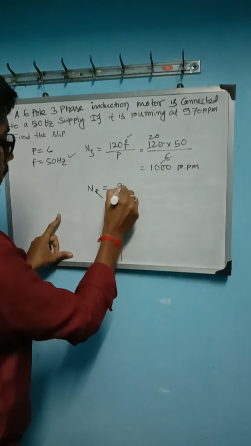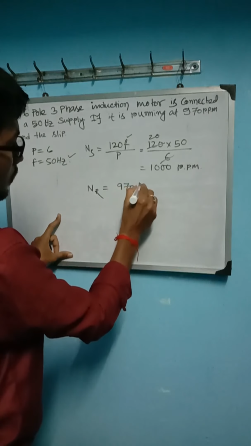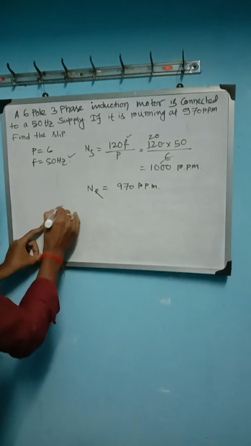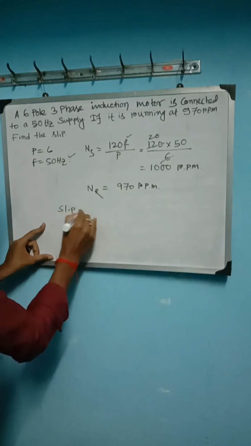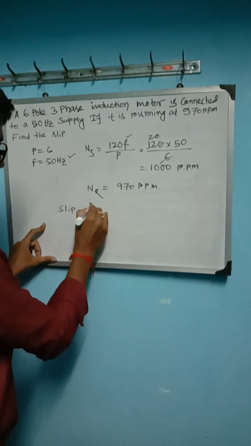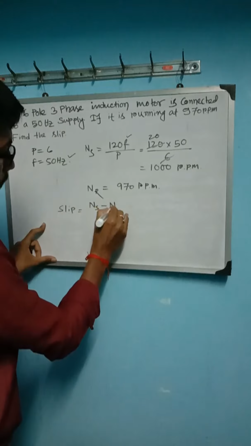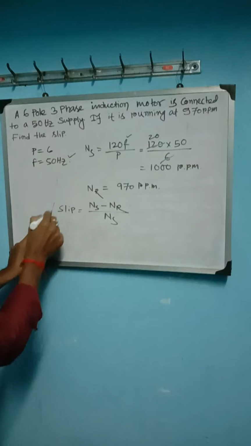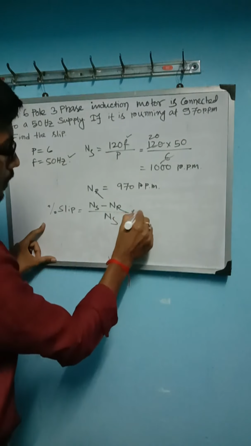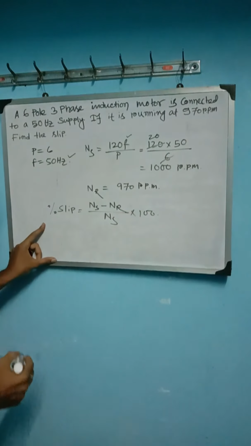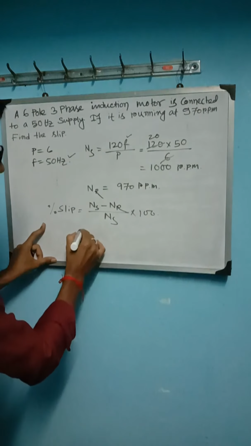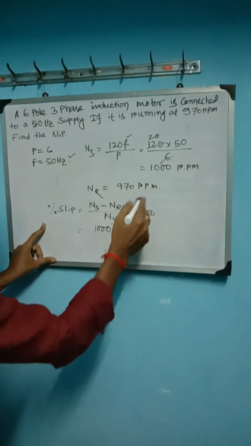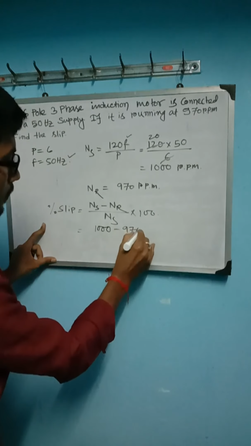Nr is 970 RPM, and we know that slip equals Ns minus Nr divided by Ns, and the percentage slip is that into 100. So now here Ns is 1000 and Nr is 970.